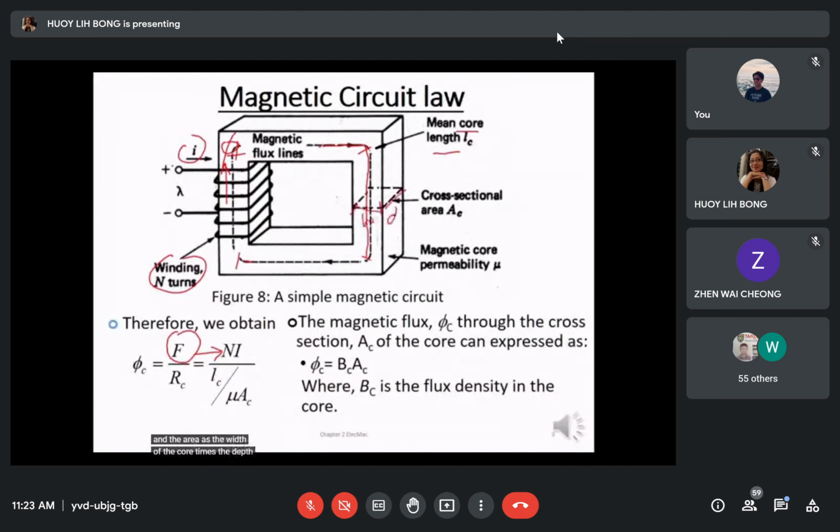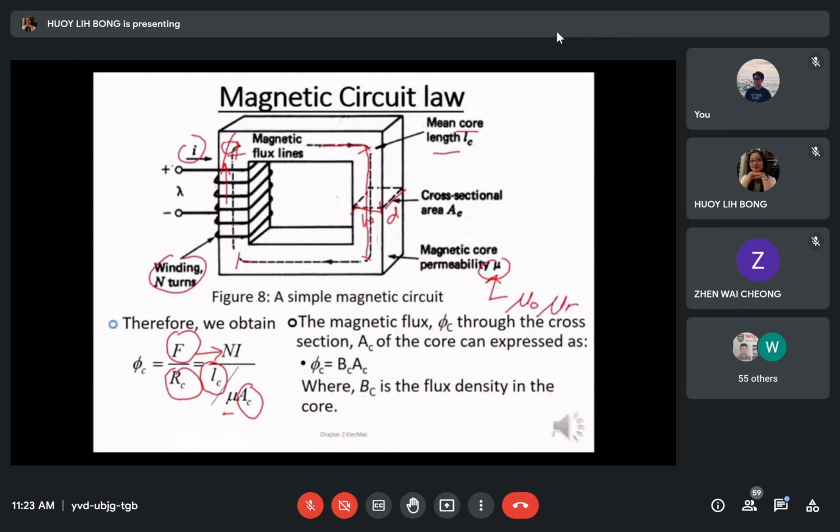Hence, we can find the core's reluctance using the dimension, length over mu A, where the mu is the permeability of the magnetic core. If we are given the relative permeability, we can find the actual permeability by using mu naught times mu R.